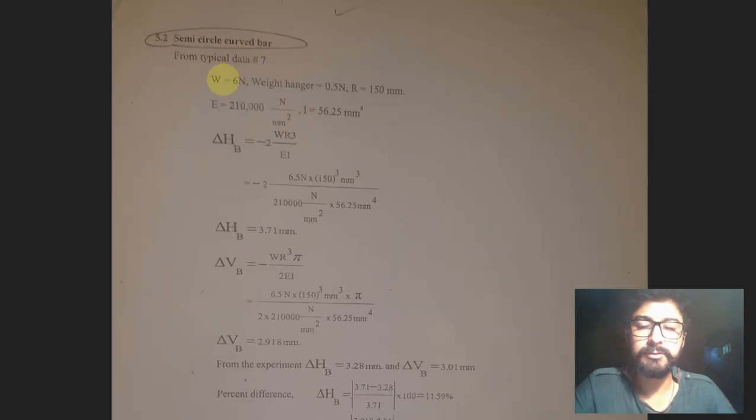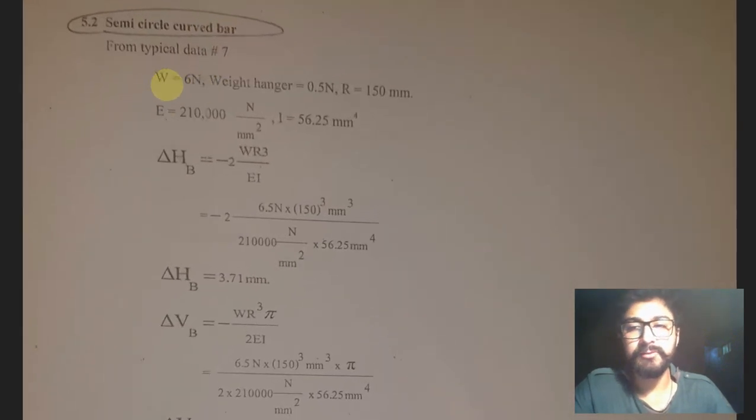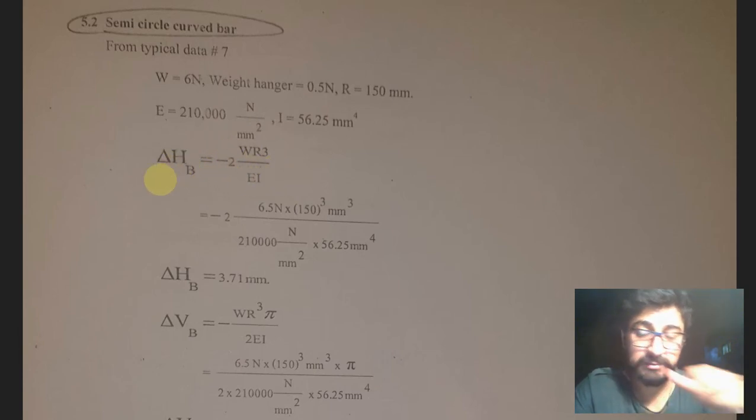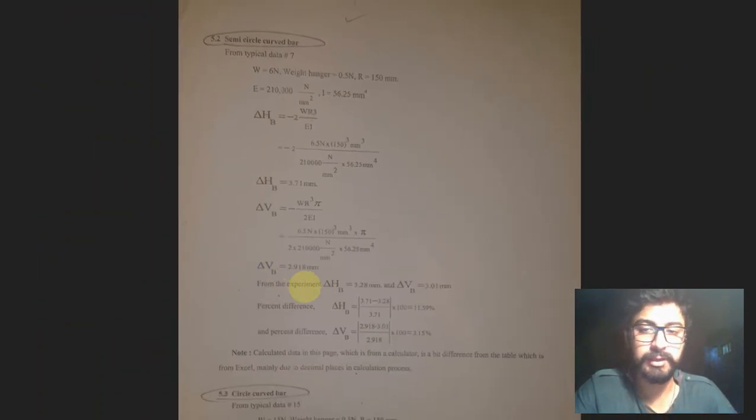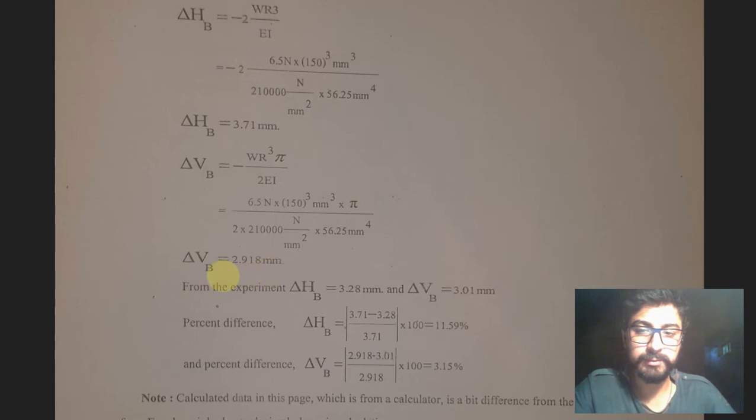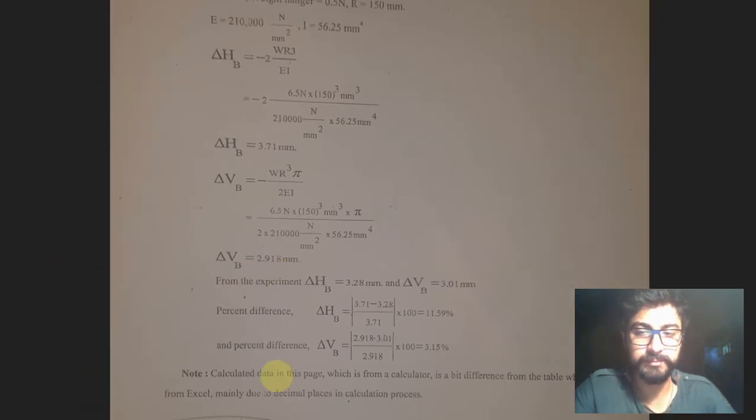Similarly, for the semicircular bar, if again we have 6 Newton weight, 0.5 Newton hanger weight, 150 mm radius, 210,000 Newton per mm square E, and I is 56.25 mm power 4. Again, using the same formulas, the theoretical horizontal displacement comes out to be 3.71 mm, whereas the theoretical vertical displacement comes out to be 2.918 mm.